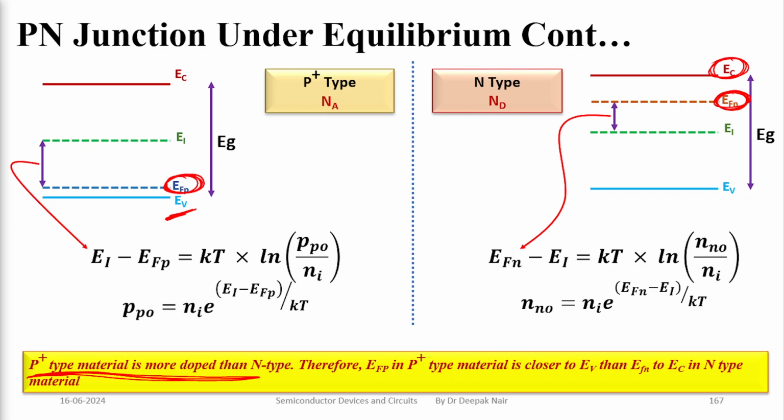So here the gap in P plus type semiconductor is much smaller compared to the gap between EC and EFN in the case of N-type material. So this gap is very small for P plus type semiconductor and large for N-type semiconductor, because the P-type semiconductor is highly doped. Therefore, the gap between the Fermi energy and the valence band energy is much smaller compared to the gap between EC and EFN in N-type material.